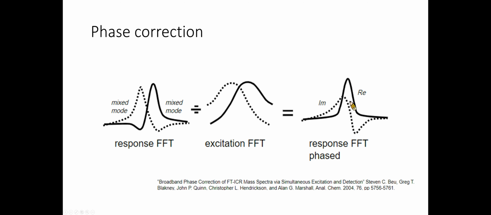The critical requirement for implementing this process is that the detection event must incorporate the excitation interval, and the excitation and detection spectra must be temporally synchronized. In practice, this simultaneous excitation and detection is very difficult due to the detector saturation.